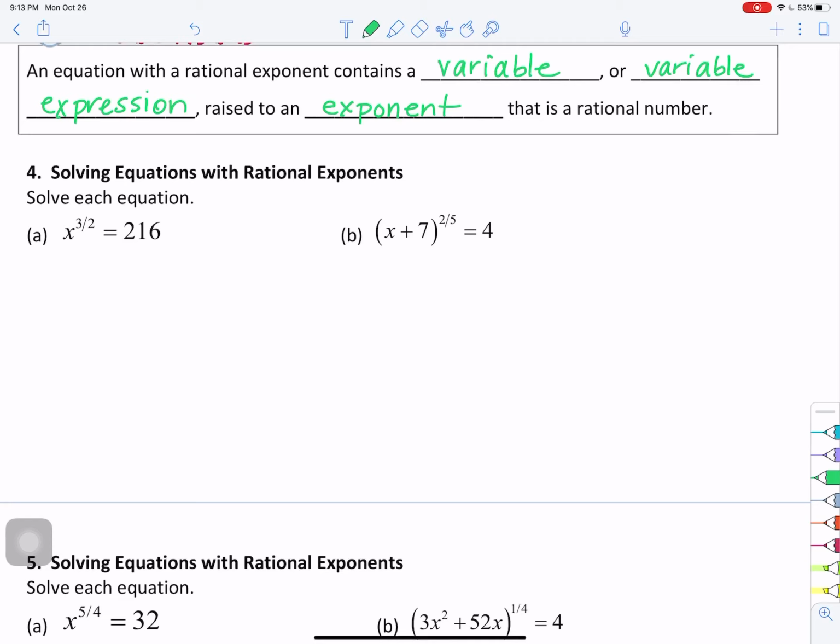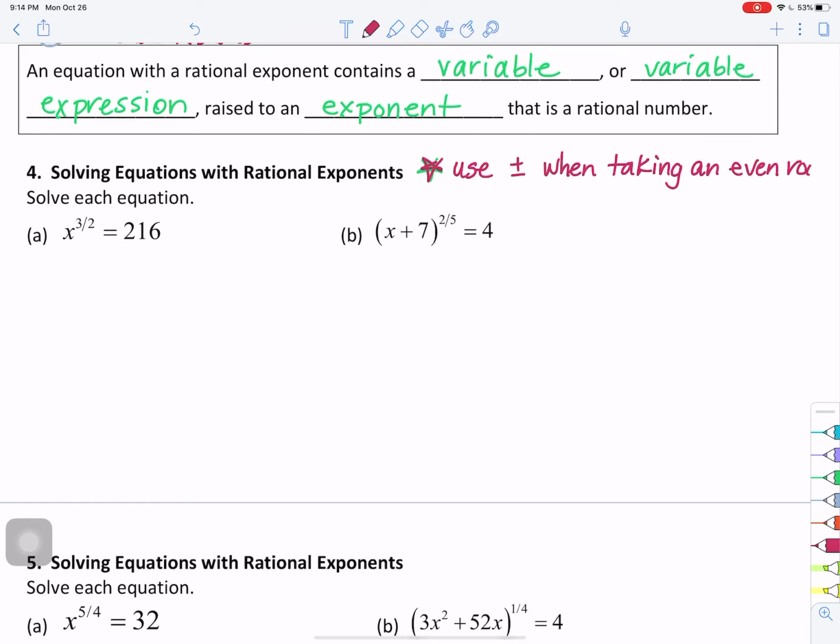Let's take a look at these examples, and I think that might make a little bit more sense. One thing I want to make sure you remember is that you need to use a plus or a minus when you take an even root.